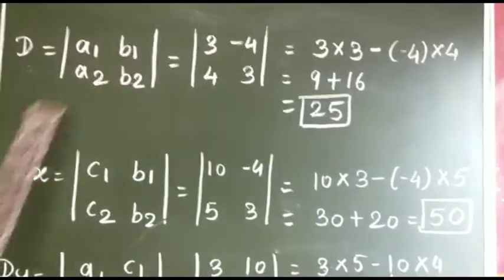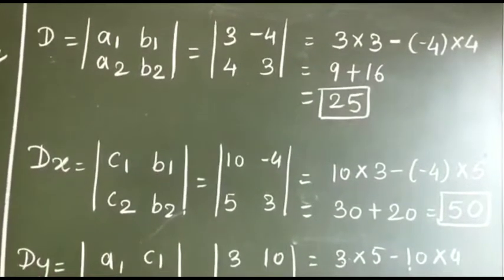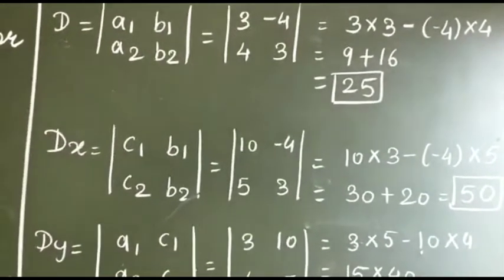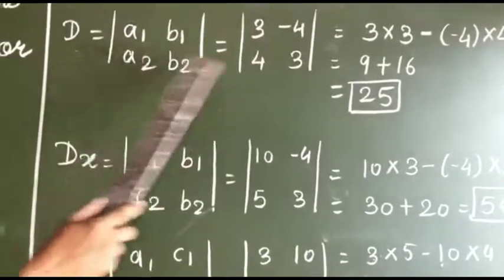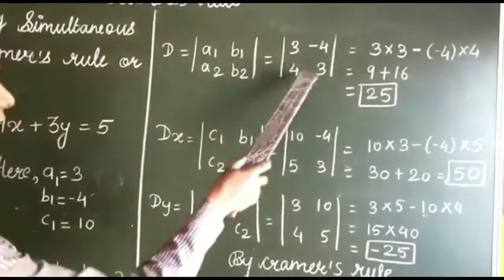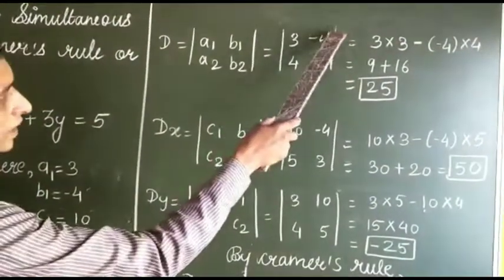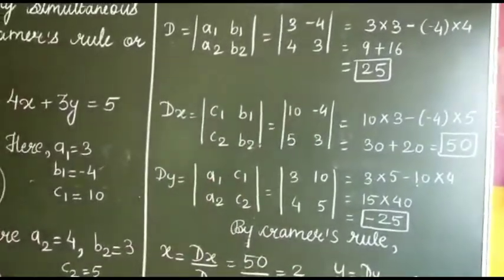These values we have to put in this determinant and solve the determinant. So a1 value is 3, a2 value is 4, b1 value is minus 4, and b2 value is 3.